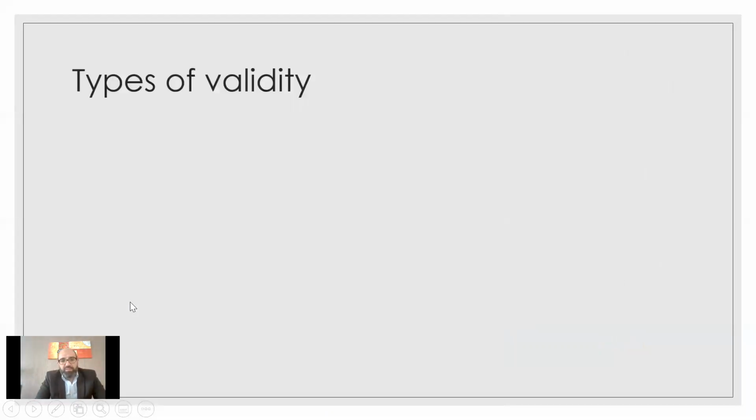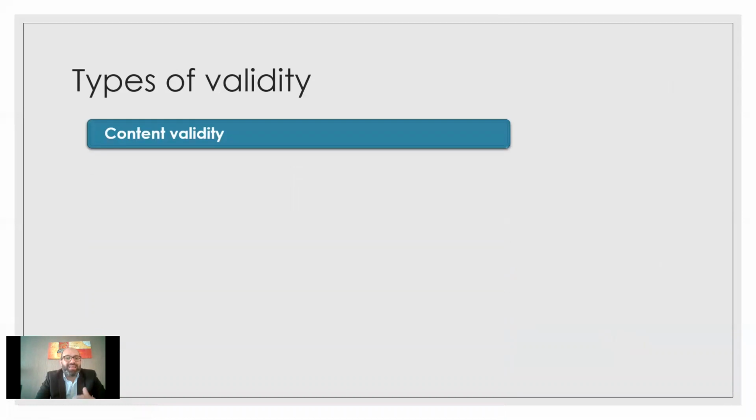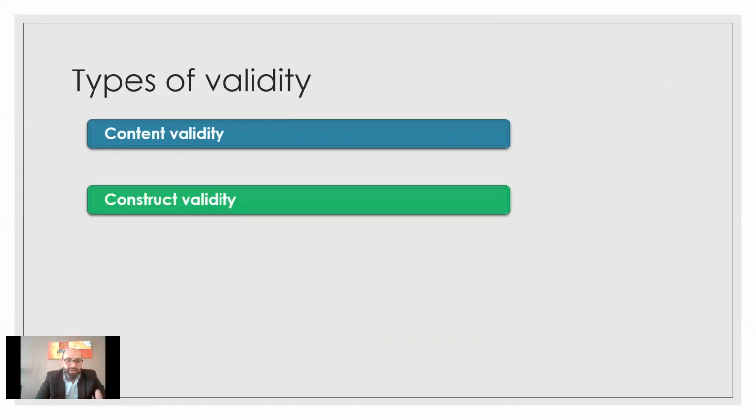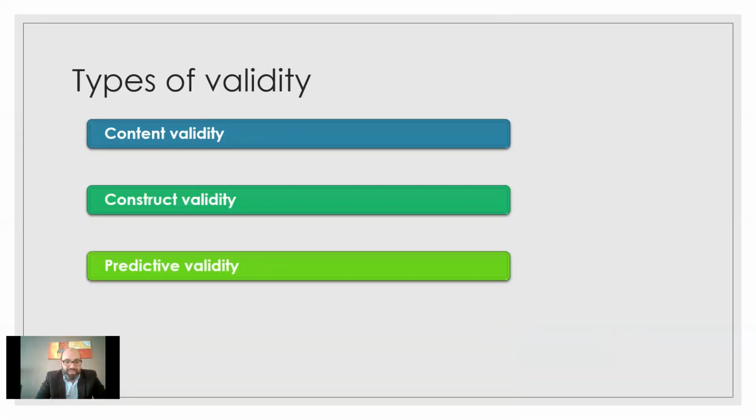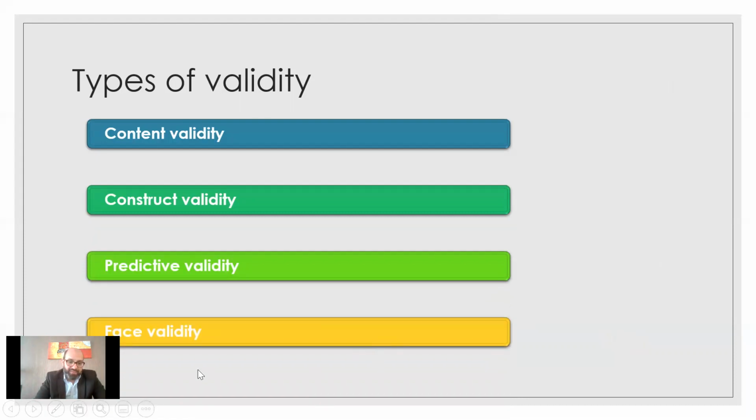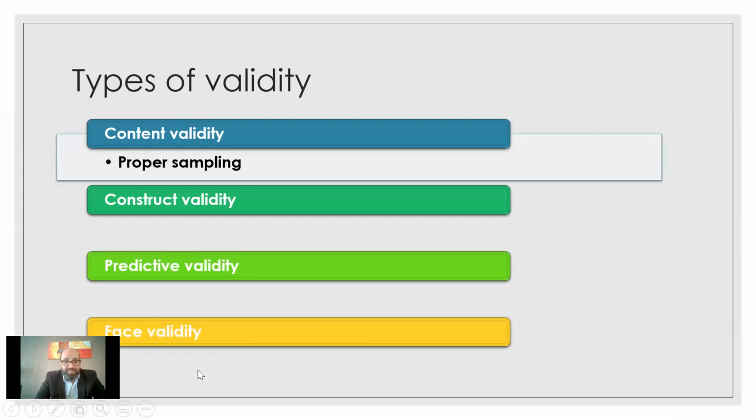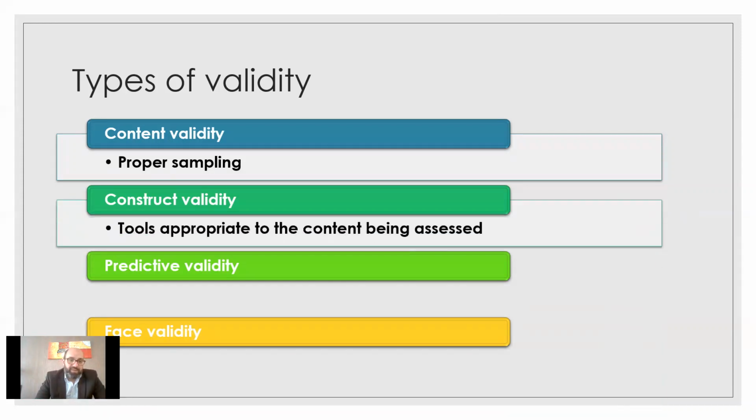We have some types of validity that we need to go through. This is a very short version of the types of validity. There is content validity, construct validity, predictive validity, and face validity. By content validity, we mean that you get the sampling right. You've sampled the curriculum areas in a proper way.